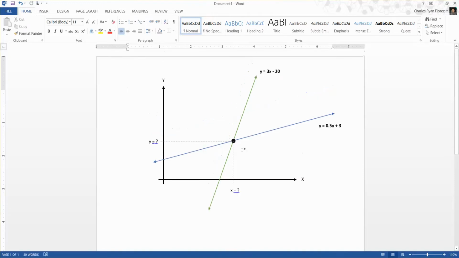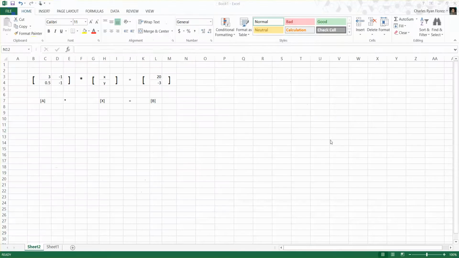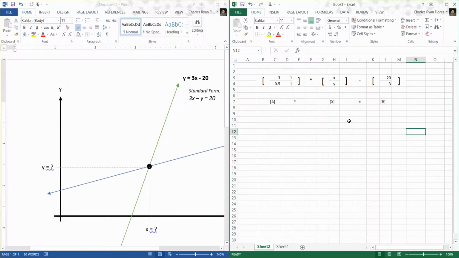And that's basically it. In order to do that with matrices, we need to write these equations in what's known as standard form. This equation in standard form is simply 3x minus y is equal to 20. And this one in standard form is 0.5x minus y is equal to -3. When you write this out in a matrix form, you'll end up with something like this.